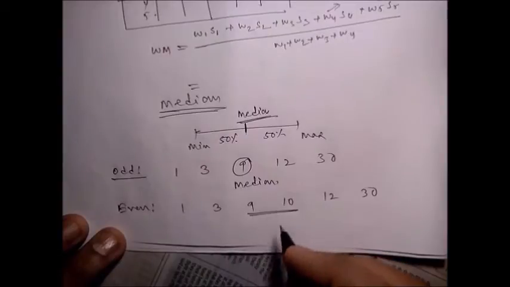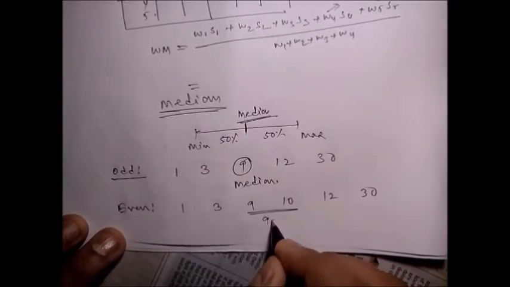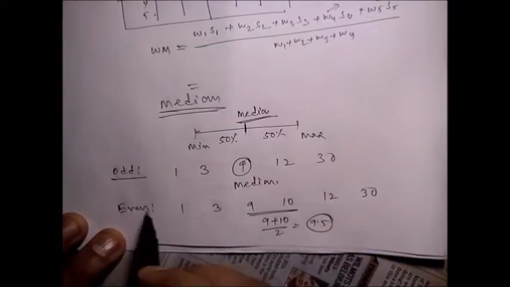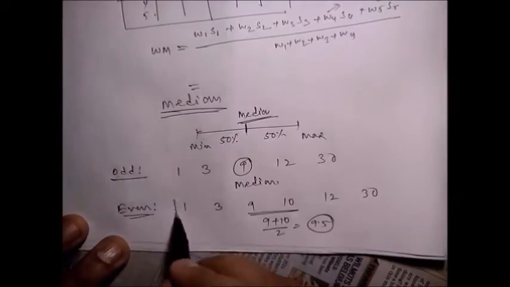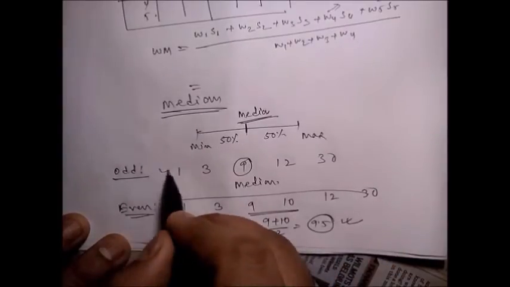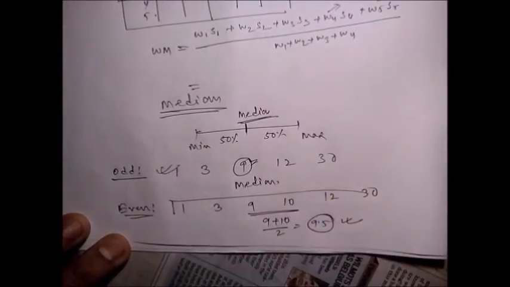So we identify the median as 9 plus 10 divided by 2, that is 9.5. So for this data the median is 9.5, and for the previous data the median is 9. Now, we can assign a formula type.